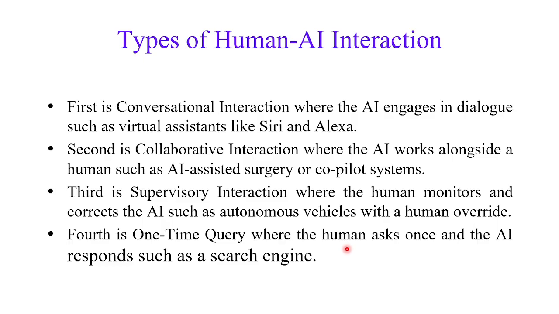So there is no conversation, no collaboration. See, you can observe these four types form a kind of spectrum from deep ongoing collaboration to a single isolated exchange. The deeper the interaction, the more sophistication the AI needs.